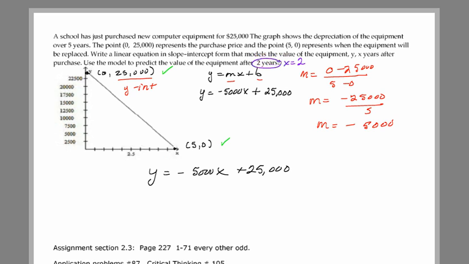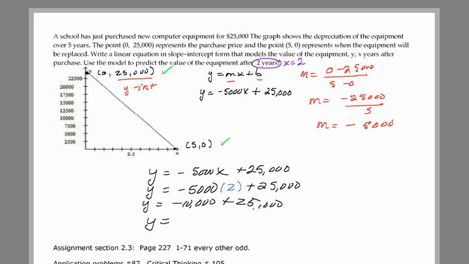Let's come in here and put a 2 in place for x. So negative 5,000 times 2, we get negative 10,000, plus 25,000 gives us a value of y equals 25 minus 10, which would be 15,000.